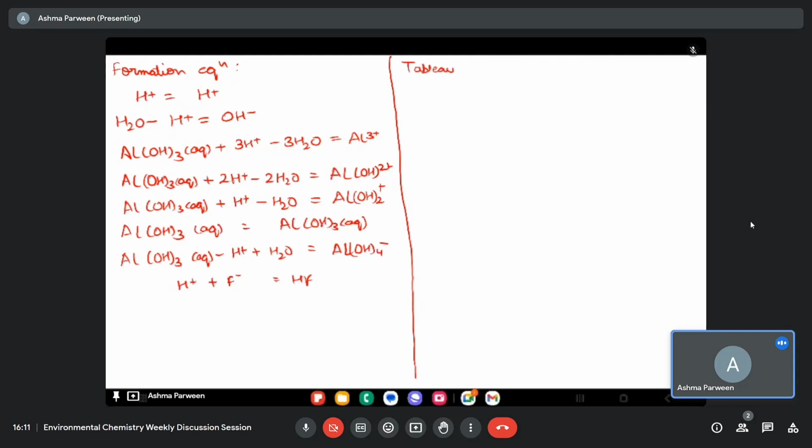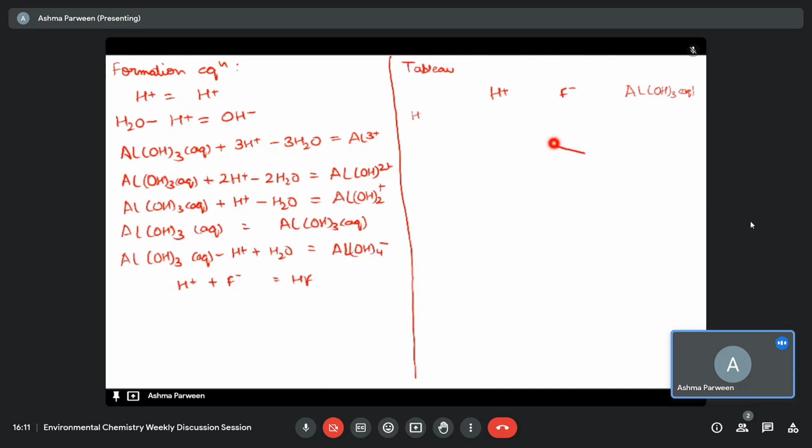So in the horizontal row, we will write all the components. Components are given as H plus, F minus, sorry, and Al(OH)3 aqueous. So in the vertical column, we will write all the species.